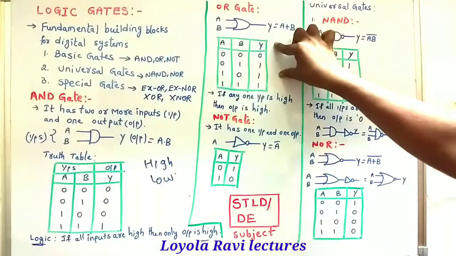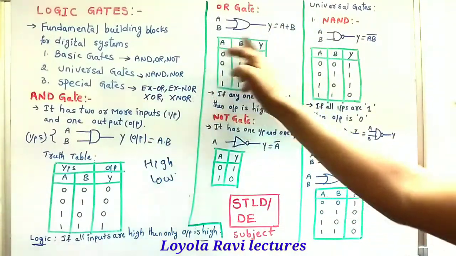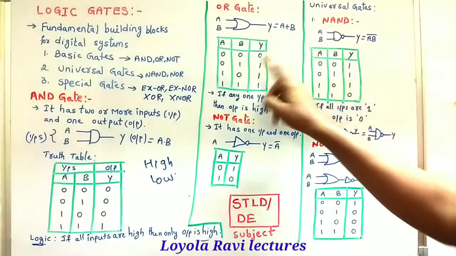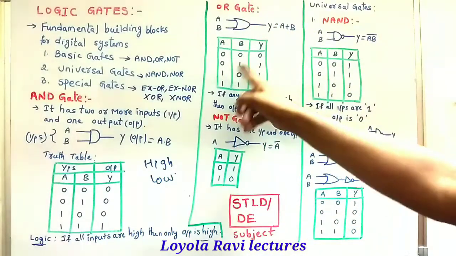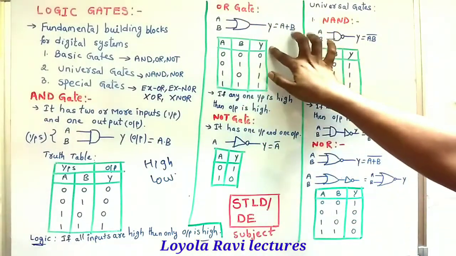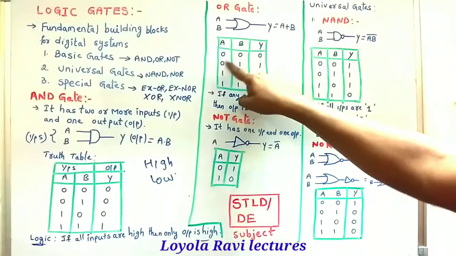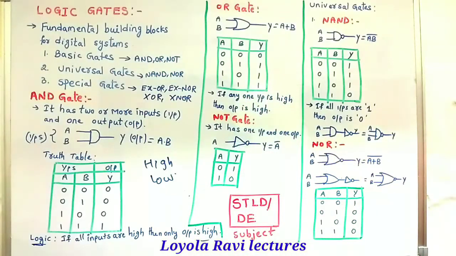Again, truth table. Exactly same as AND gate, A, B and Y. Again, I am not writing what are the inputs and what are the outputs. So here inputs are A, B and output is Y. Again, same 2 inputs is nothing but 4 possible combinations: 0 0, 0 1, 1 0, 1 1. Then you have to check the corresponding output. A plus B. 0 plus 0 is 0, 0 plus 1 is 1, 1 plus 0 is 1, 1 plus 1 is 1. Here 1 plus 1 is nothing but logic 1 plus logic 1 is nothing but logic 1 only, not binary arithmetic.